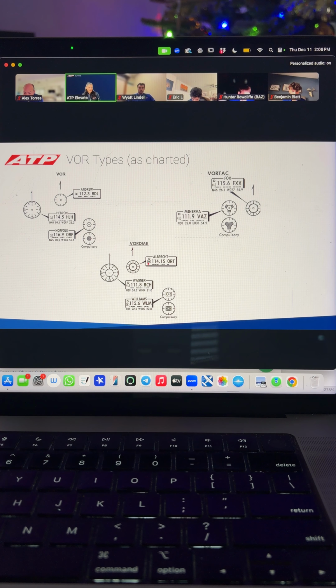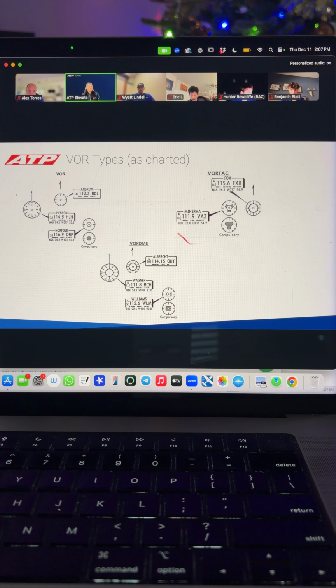And here, this one has the H next to it. These ones are DME VORs, and then this one is your VORTAC. If they're filled in, they're compulsory reporting points where you need to let ATC know that you are over that VOR, VORTAC, and so on and so forth.